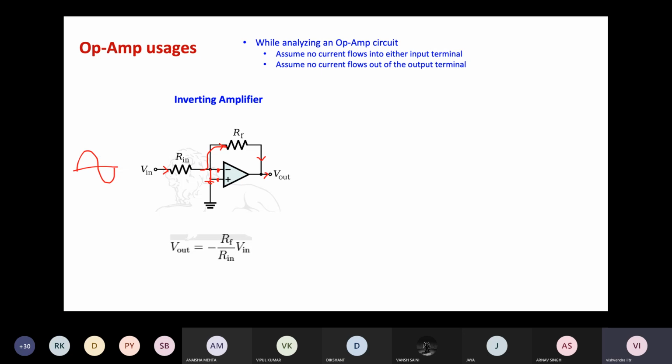In some cases, we use that also. But still, why is an op-amp needed in such kind of amplifier? You might ask that. Yes, sir. The thing is that the op-amp input impedance is extremely high and output impedance is extremely low.